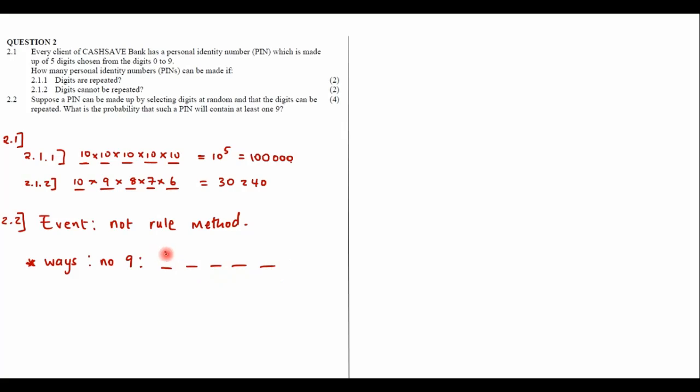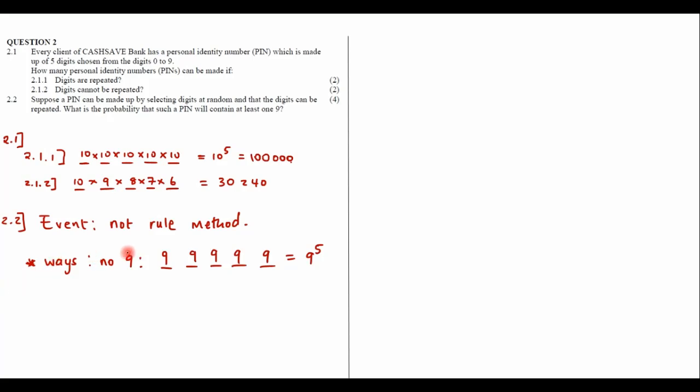We know that there's no 9, so there are going to be 9 options to pick from: 9 options, 9 options, 9 options, 9 options, and 9 options. This gives you 9 to the power 5. Remember, this 9 means we're picking from the digits between 0 and 9, so we have 10 digits. If we took out the number 9, we have 9 options left. Hence these are the 9s.